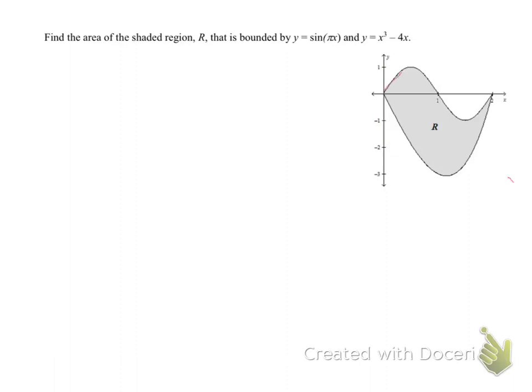Well, this function right here, because I know what sine looks like, I know that that is the sine function, okay? Sine of 0 is 0. Sine of 1 pi is 0, okay? So this function is the top function, which means that is the bottom function.